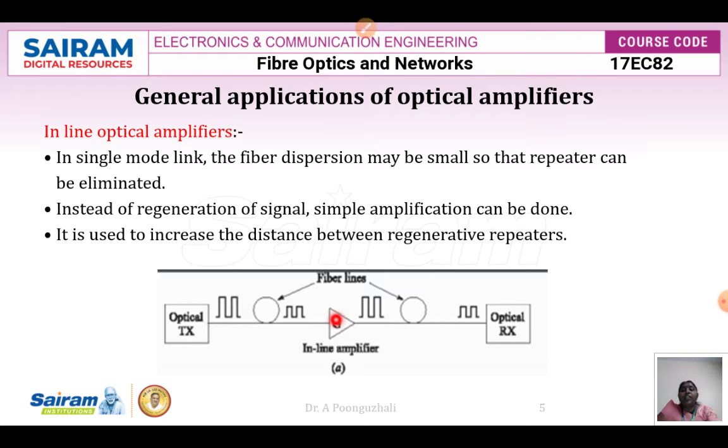Instead of regenerating the signals, we just amplify them and propagate them again. So using this inline amplifier, I can increase the distance between two regenerative repeaters. This is about inline optical amplifiers.